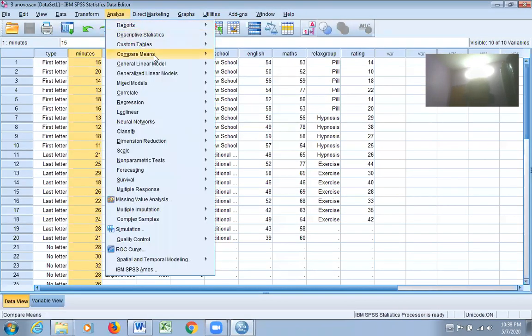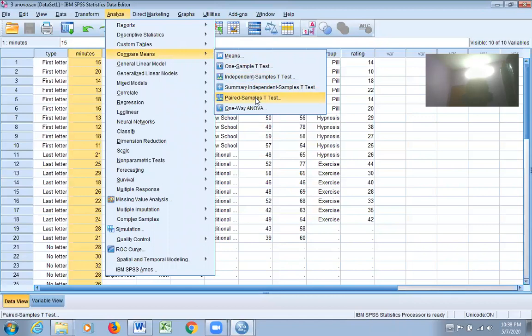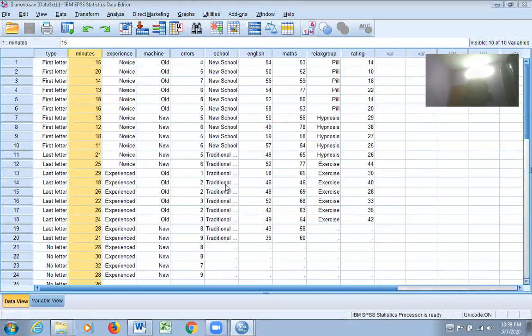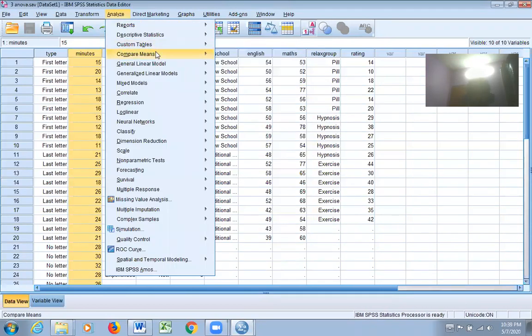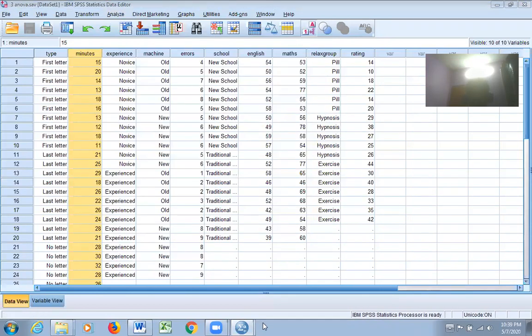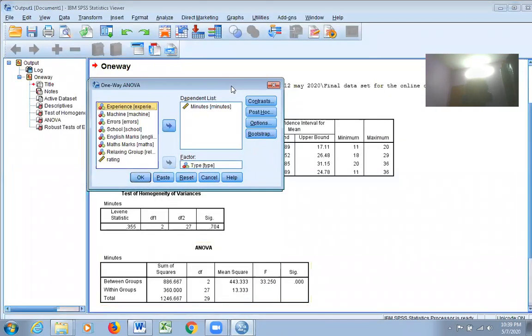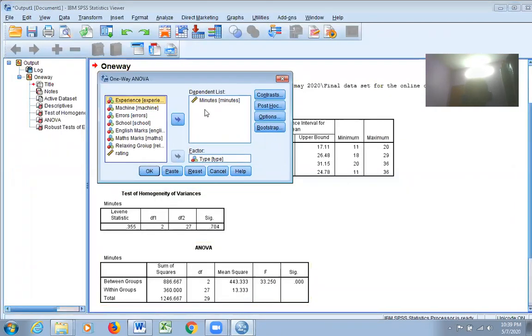So analyze, compare means, one way ANOVA. Okay, it's here. The one way ANOVA table is here, and here I select post hoc.